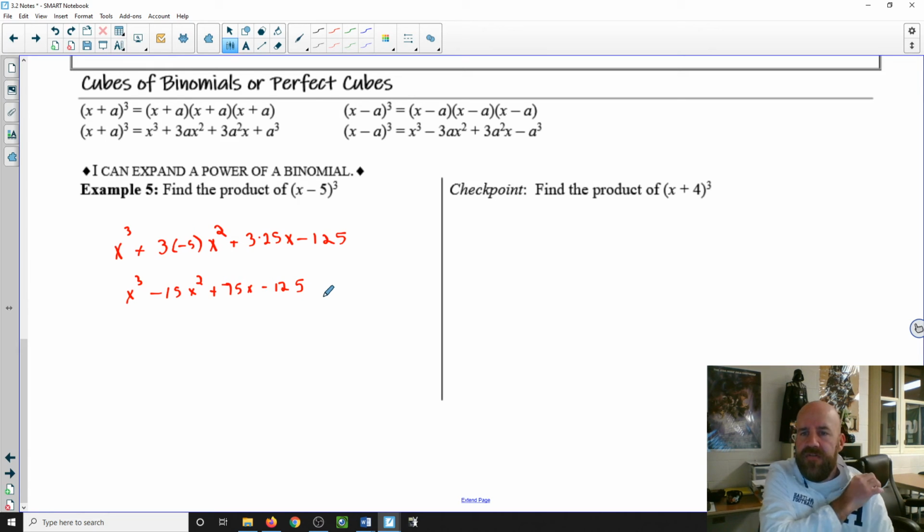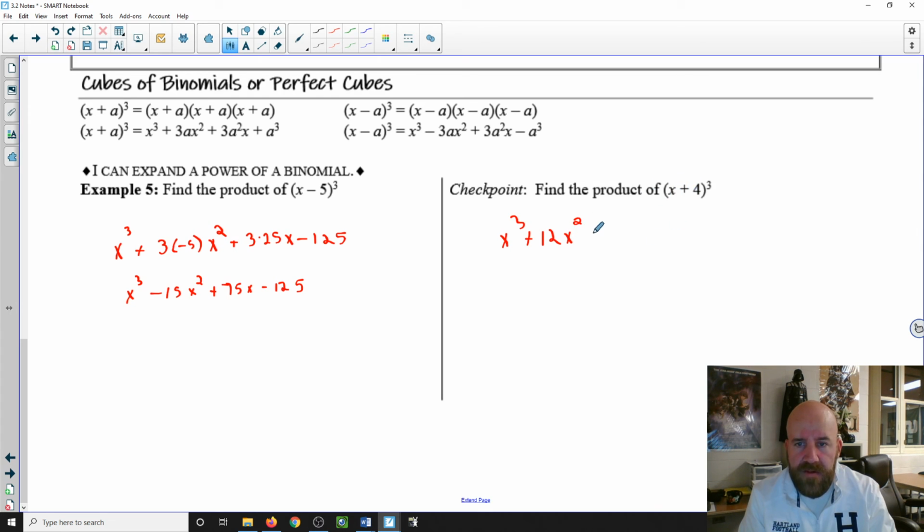So go ahead and pause and try the checkpoint. Alright. So this one, x plus 4, so we're just taking our formula, we're going x cubed. And then 3 times our 4, so that should be 12, x squared.